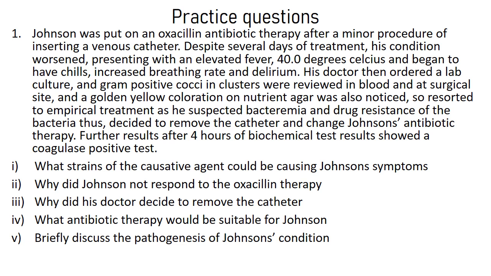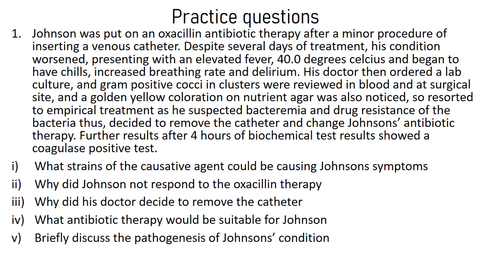The question reads, Johnson was put on an oxacillin antibiotic therapy after a minor procedure of inserting a venous catheter. Despite several days of treatment, his condition worsened, presenting with an elevated fever of 40 degrees Celsius, and began to have chills, increased breathing rate, and delirium.